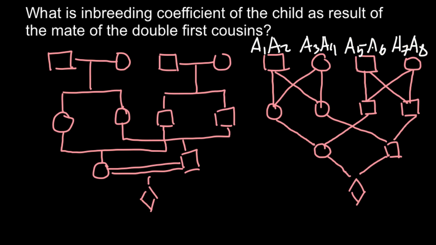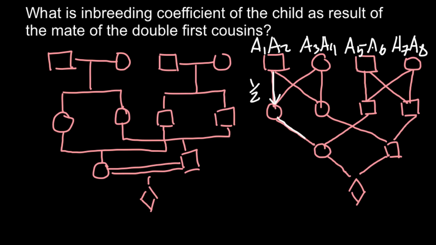So now we have to find the probability that this child would be homozygous for any of these 8 alleles. So let's find, for example, the probability for this child to inherit the A1 allele from his grandparent. One way he can get this A1 allele is if the daughter of this male inherits this A1 allele, and the probability would be 1/2.